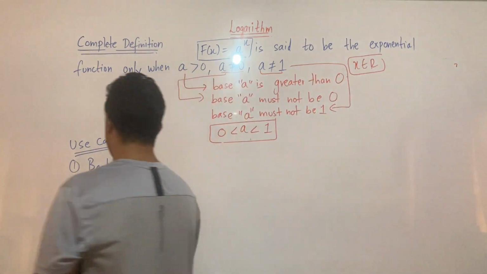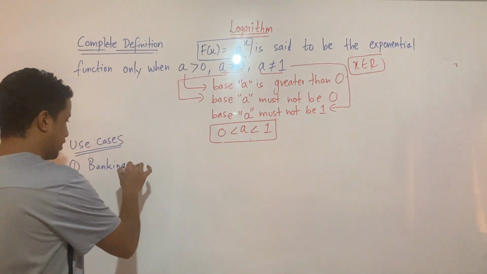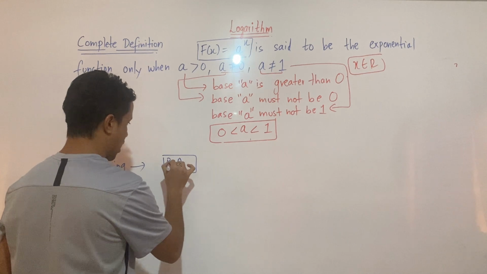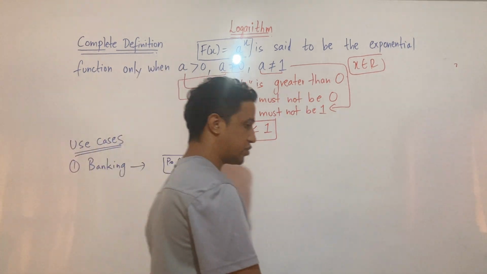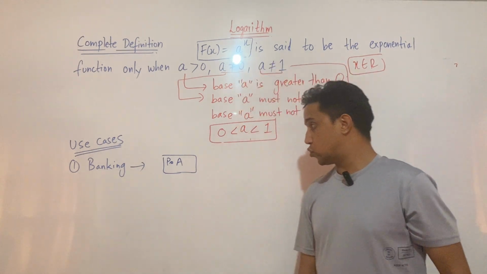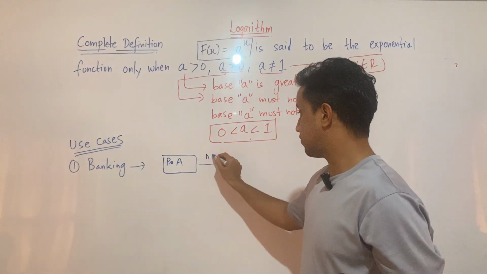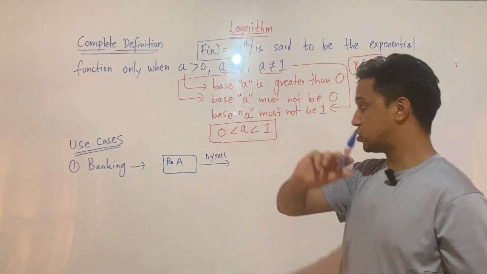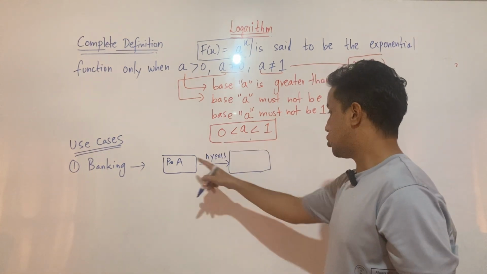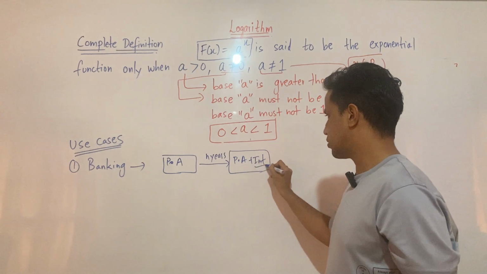So basically what happens in banks is, when the bank takes money from people, for example, this is your principal amount. When the bank takes it from you and keeps it for a certain number of years, for n years, then after n years, when you get this money, you get principal amount plus interest, right?